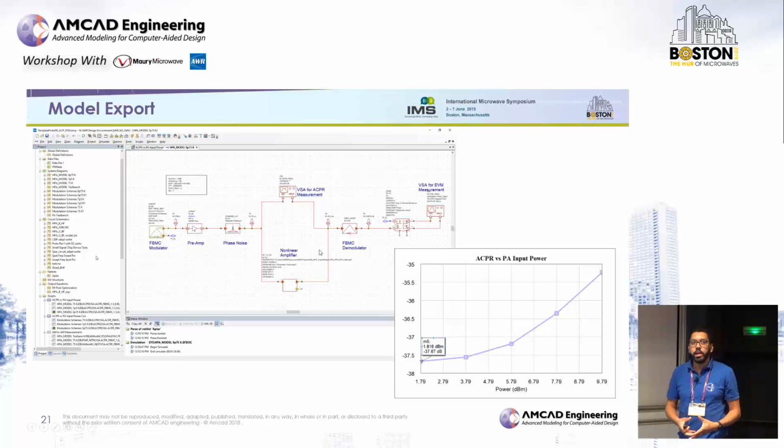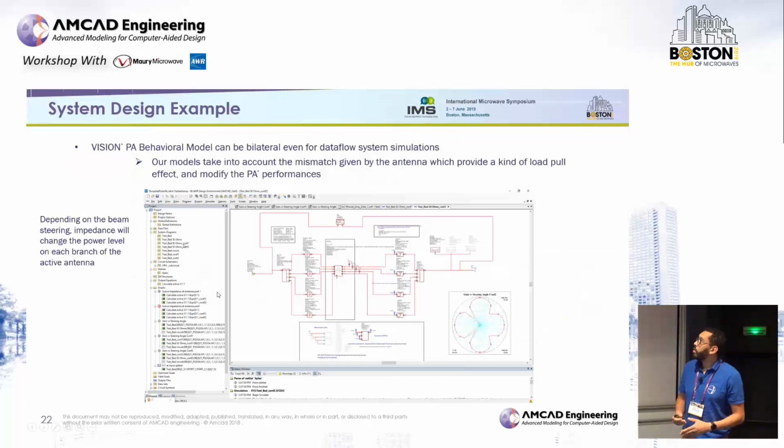Once the macro model is exported, a system simulation can be started with a high level of confidence for the results obtained. To demonstrate the superior capabilities of our models, we recently launched an ongoing research activity with a simulation of an active antenna system used to do beamforming, as is currently required to design 5G MIMO systems.